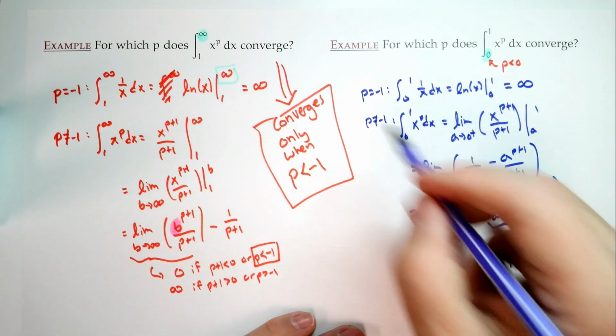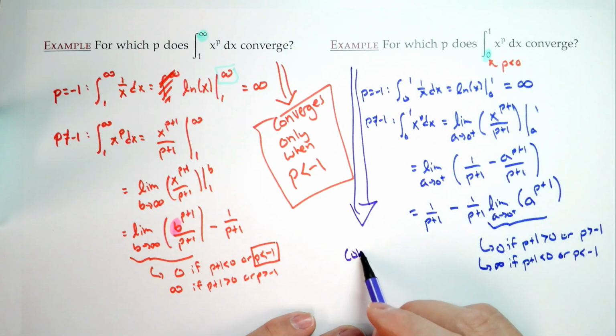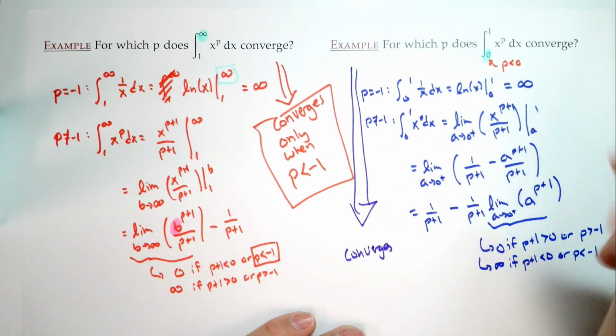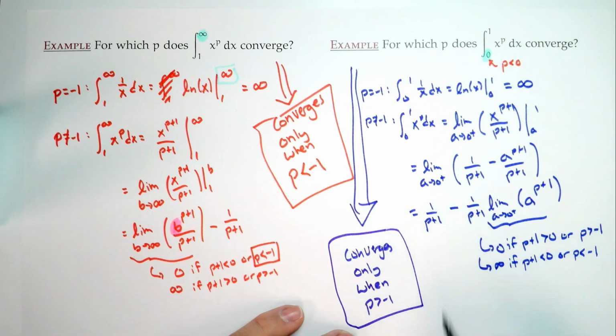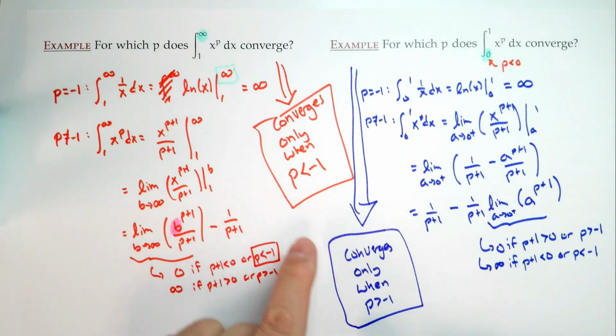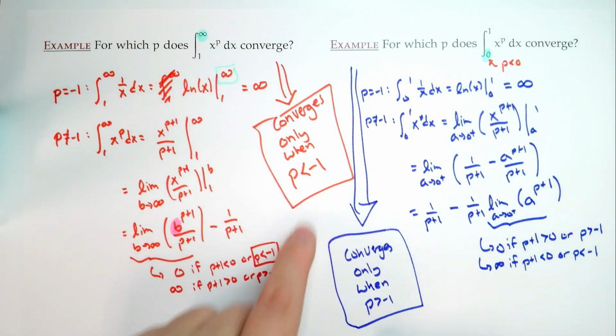So when does it converge? The answer to this one, this converges when what? Well, not at -1, and not when I'm below -1, but only when we're above -1. So that's our answer for when we converge. It's kind of interesting to compare these two. If you're going from 1 to infinity, you want the exponent to be below -1.